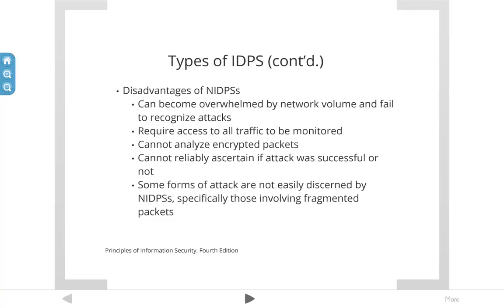It cannot analyze encrypted packets, and we talked about that. When you VPN across, you'll be protected from inspection. It cannot reliably ascertain if an attack was successful or not. Now, why would that be? Why in this network IDPS system is it unable to determine whether the attack was successful or not? What's that?